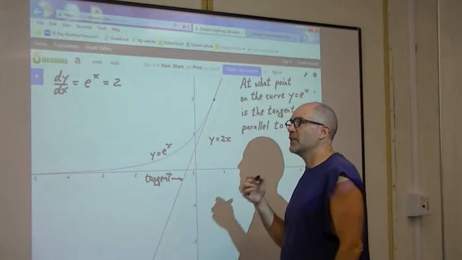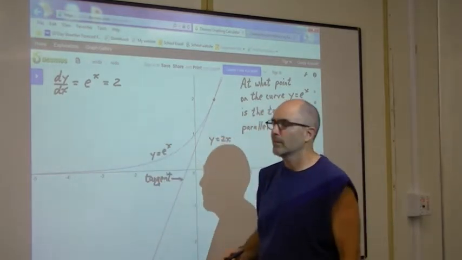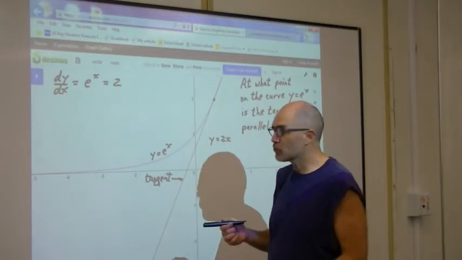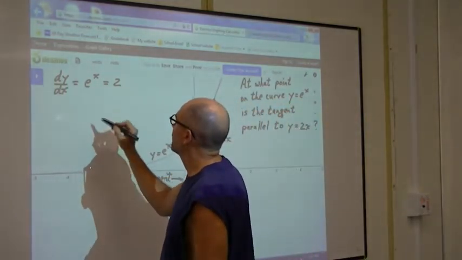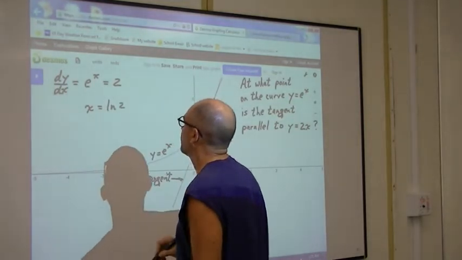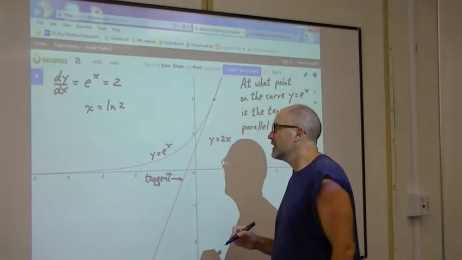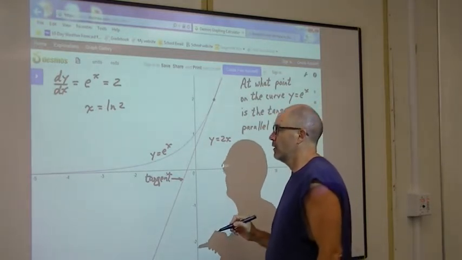How do I find out the x value where e to the x equals 2? Right, I take the natural log of both sides. So I say then that x equals natural log 2. Now if x equals natural log 2, then what does y equal?